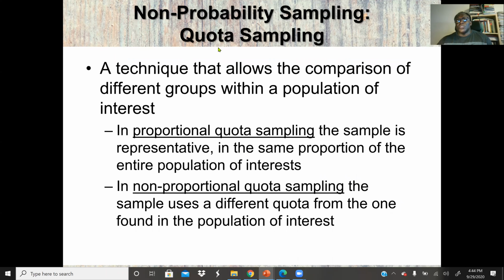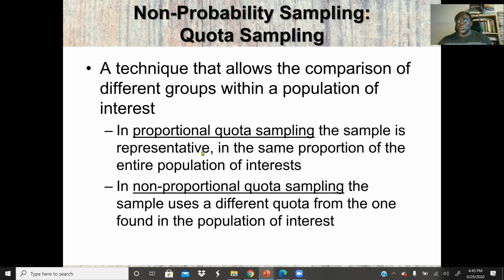The next of non-probability sampling will be the quota sampling. The quota sampling, again, is a technique that allows the comparison of different groups within a population of interest. So here we say in proportional quota sampling, the sample is representative because we have a quota, we have a percentage of the category that we are dealing with.